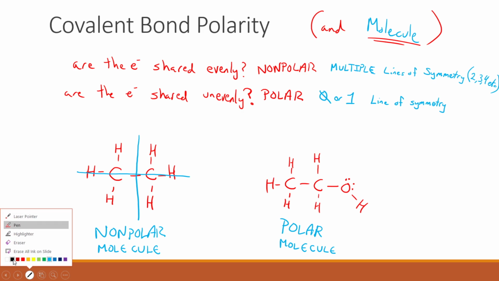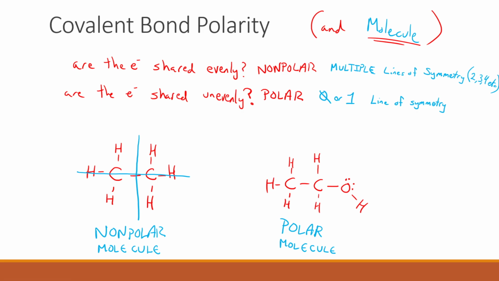Notice, and I just want to remind you guys that this polar molecule has some polar bonds in it and some non-polar bonds in it. This non-polar molecule has some polar bonds in it and some non-polar bonds in it. And that's fine.